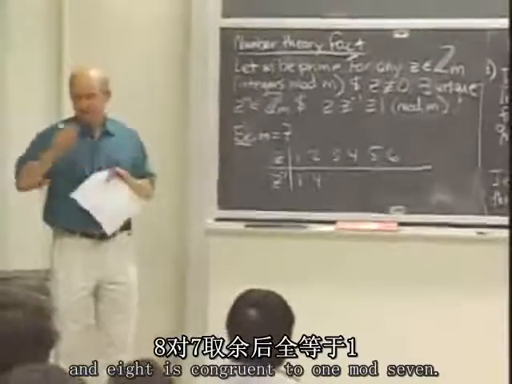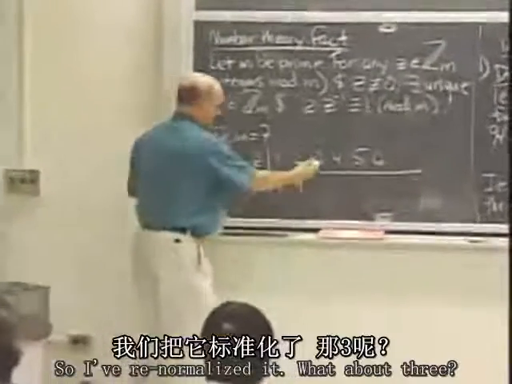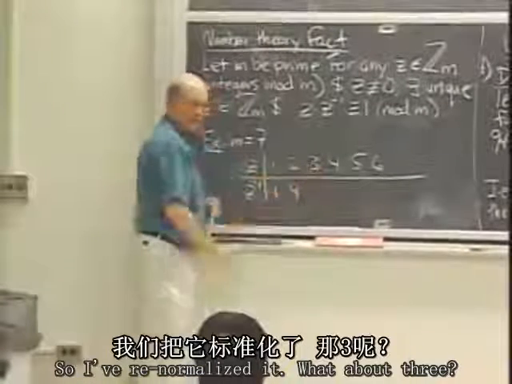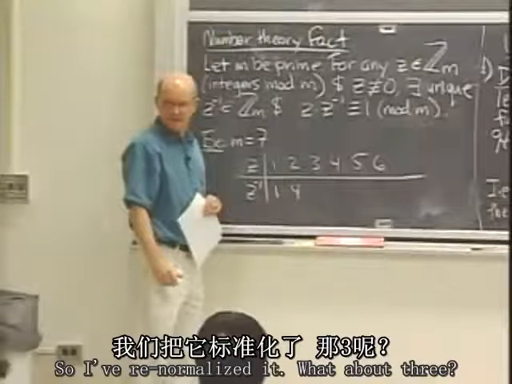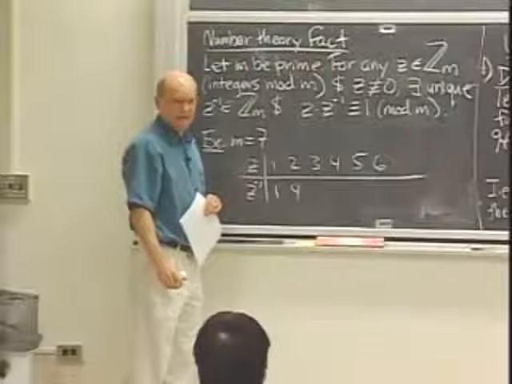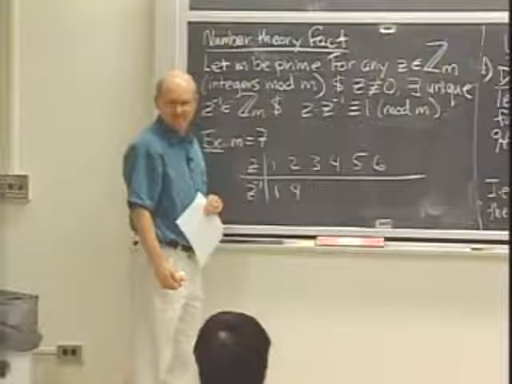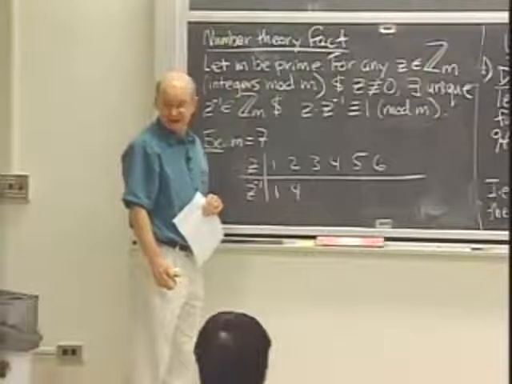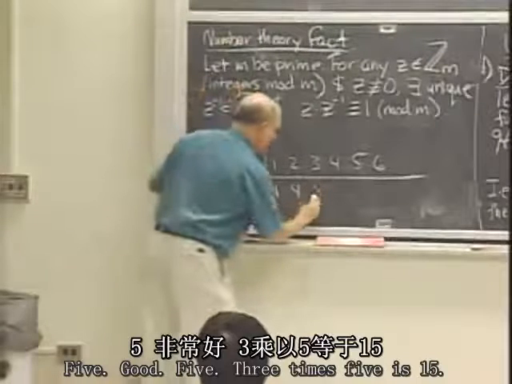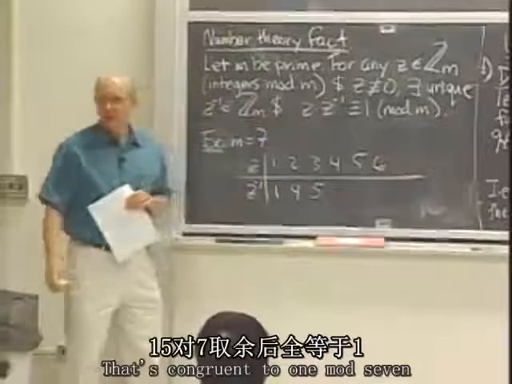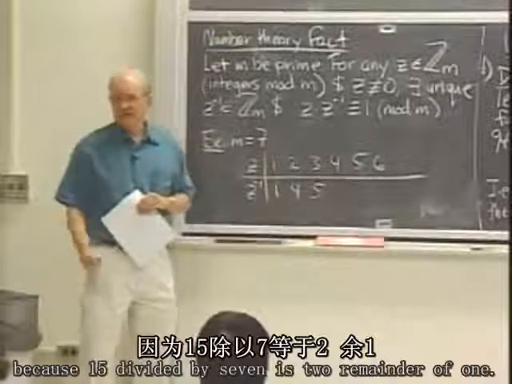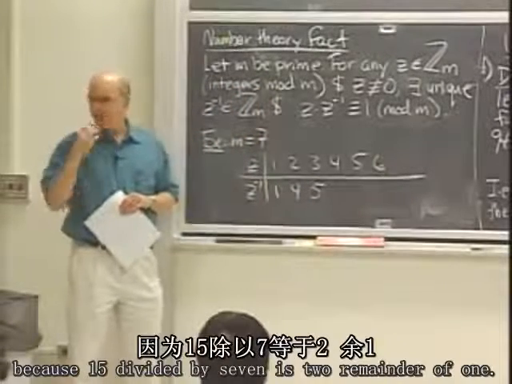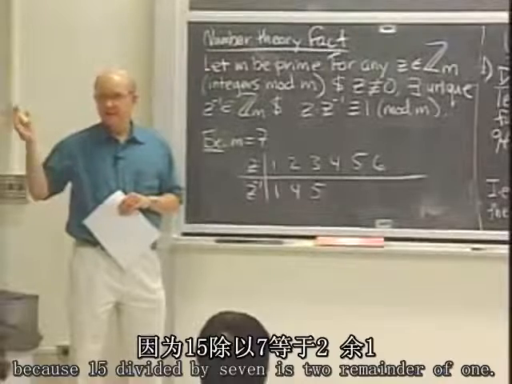Okay, so I renormalize it. What about 3? 5, good. 3 times 5 is 15. That's congruent to 1 mod 7 because 15 divided by 7 is 2 remainder 1.